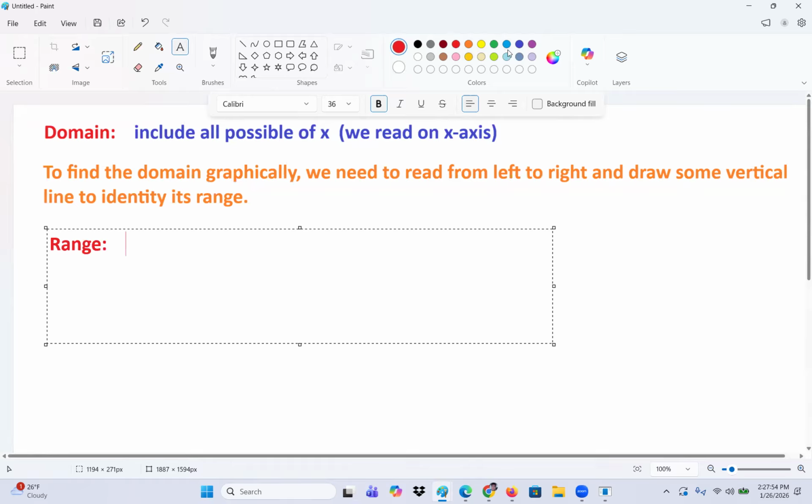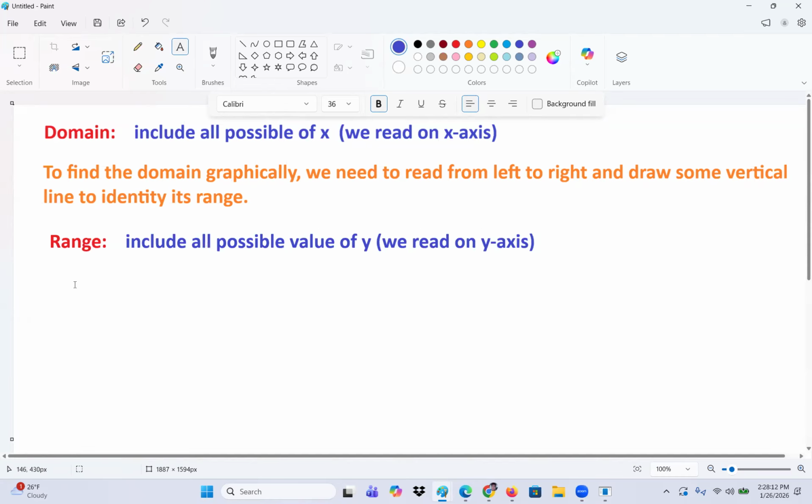This one's not going to be on the exam. I just want to let you know it includes all the possible values of y, which is the output, on the y-axis, right? So we do the same thing to find the range graphically.